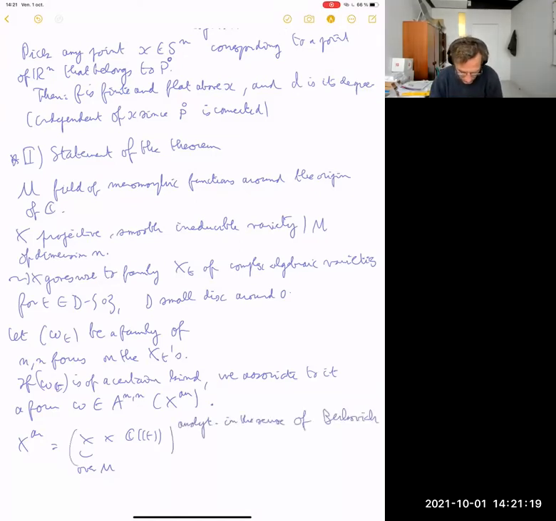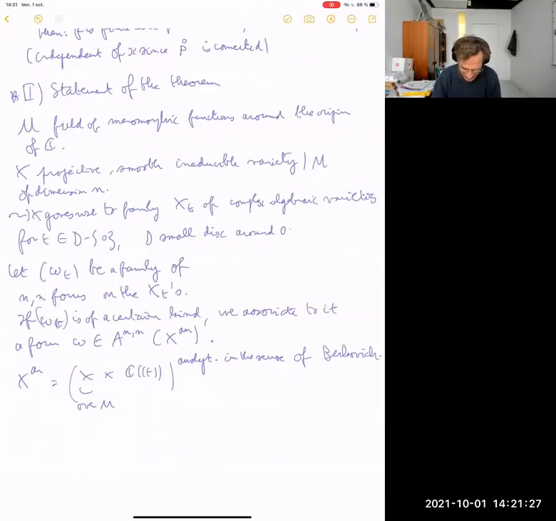So if the omega t is a family of a certain kind, and I will give an example in 1 minute, at least show an example of a family of the good kind. So to such a family, one associates a form, and the limit for t going to 0 of the integral of omega t on, now let me write it like this.